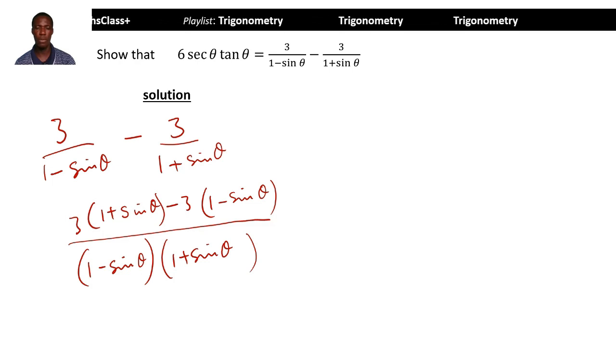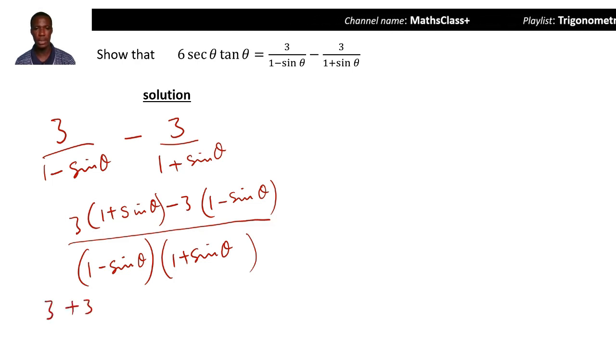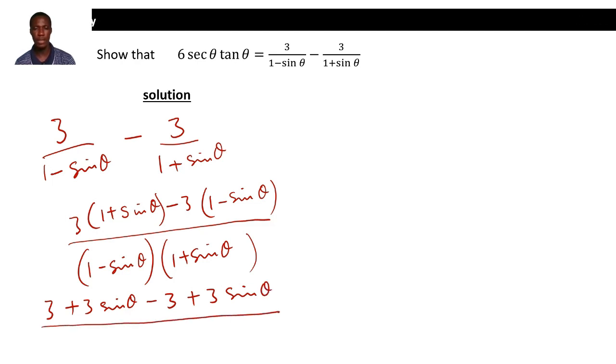Okay, now I can open the brackets. So I have 3 plus 3 sine theta minus 3 plus 3 sine theta, and my LCM is a difference of two squares.